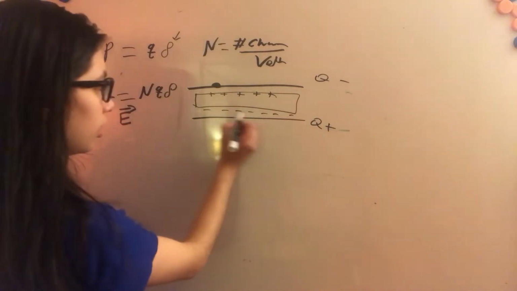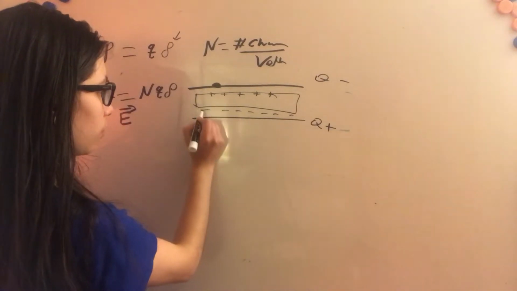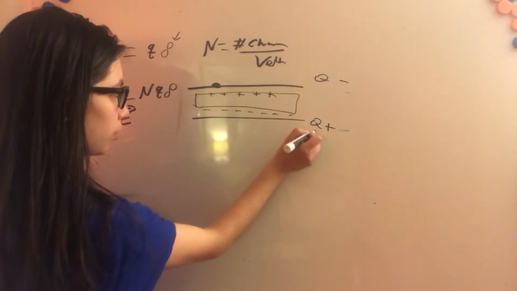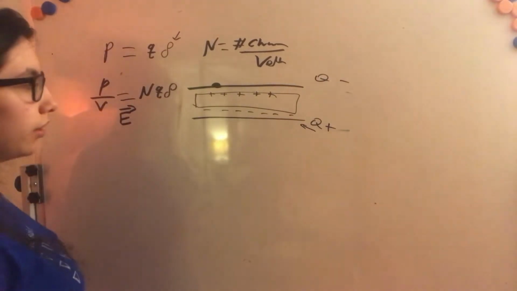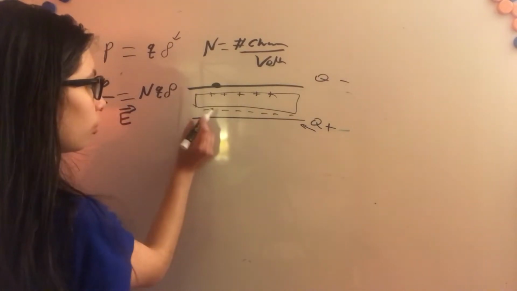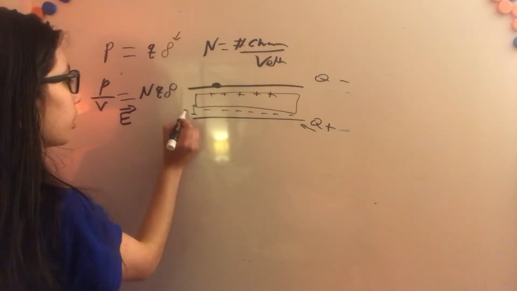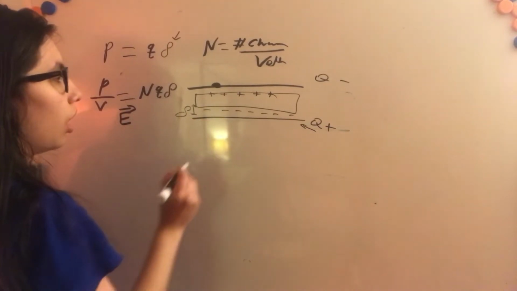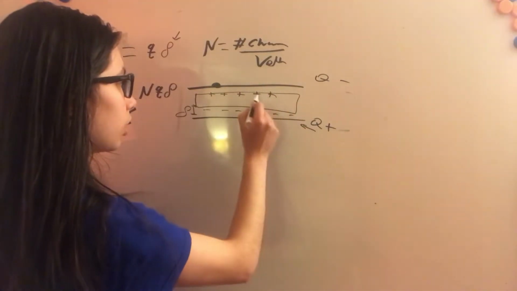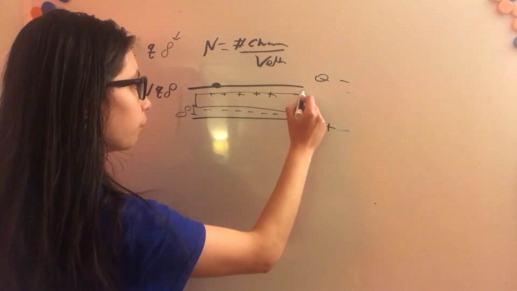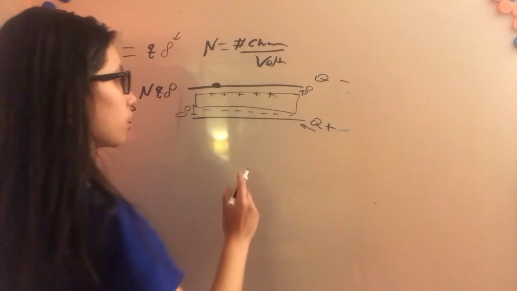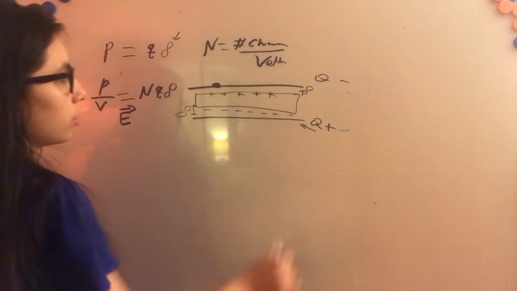These charges that are induced, these negative charges that are induced here due to this positive plate, these would move a distance from here to here. This is our distance D, and this will result in that these positive charges will move this distance, so this move inward and this outward.